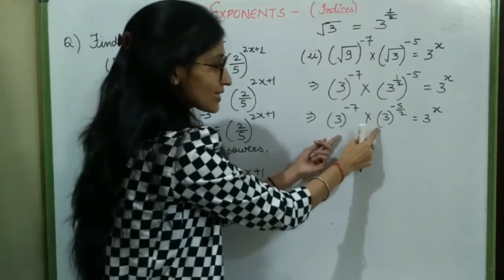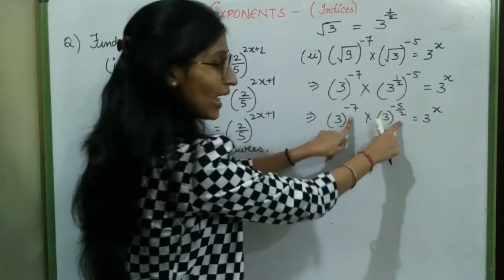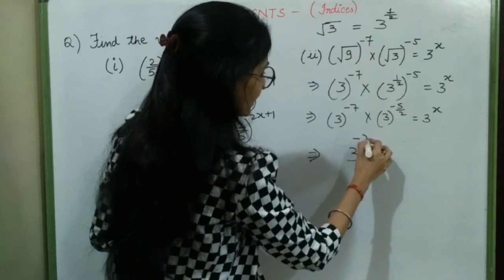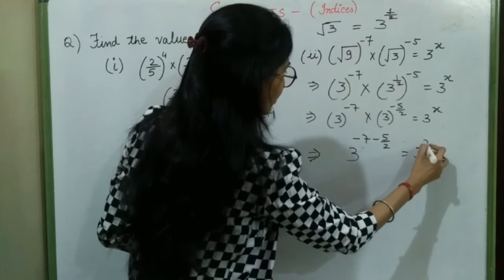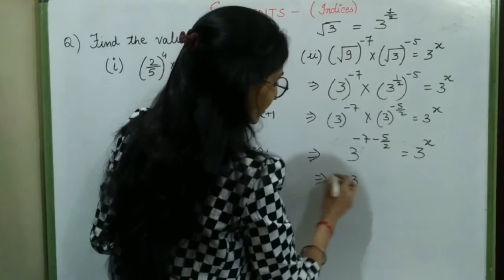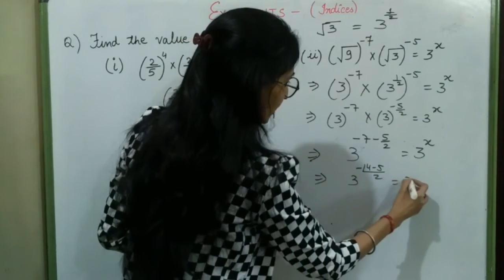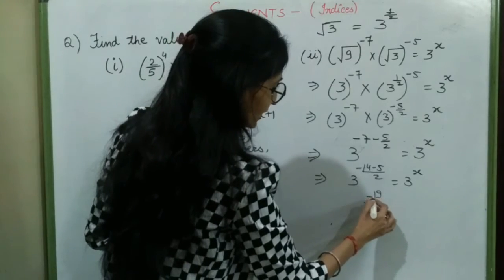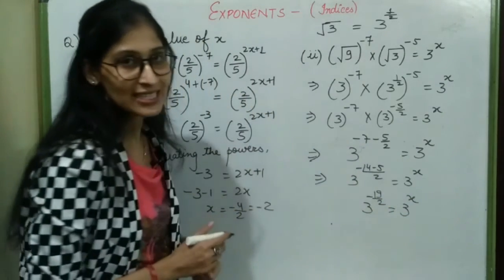Again, base is same, sign is of multiply. So I can now add the powers. 3 raised to power minus 7 minus 5 by 2 equals to 3 raised to power x. So now 3 raised to power minus 14 minus 5 by 2 equals to 3 raised to power x. 3 raised to power minus 19 by 2 equals to 3 raised to power x.